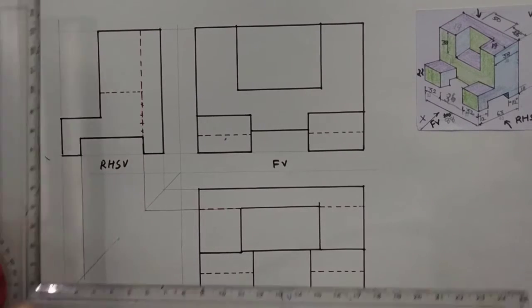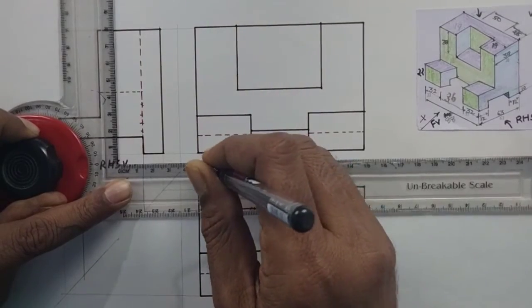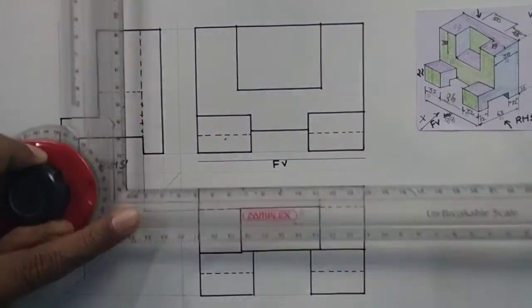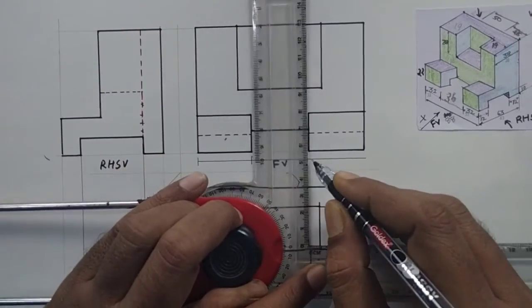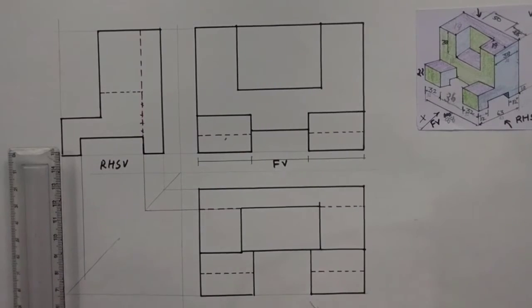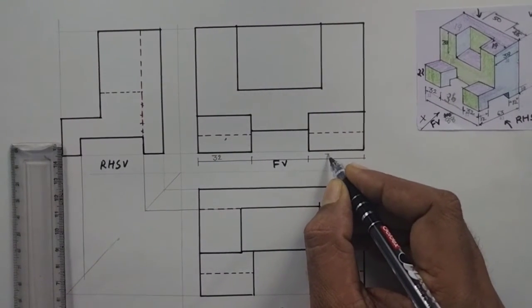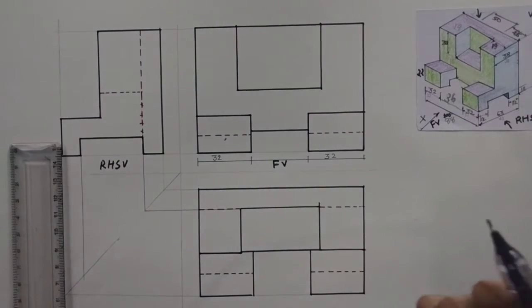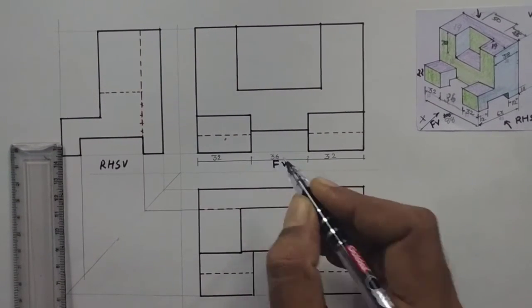Now the dimensioning. First I mark the length. This is our length, so it is 32, and 36.